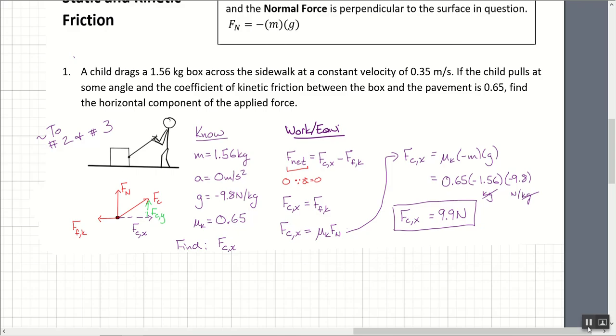I want you to pause the video now, work through number 2, where we're dealing with a 9 kilogram crate. And I want you to solve that one. Start working it, pick somebody to come up and pause the video, and you will see a detailed solution for problem 2 that we'll be able to look at and compare in 5, 4, 3, 2, 1.